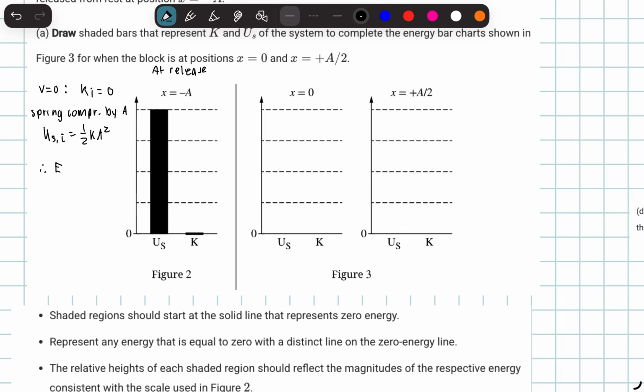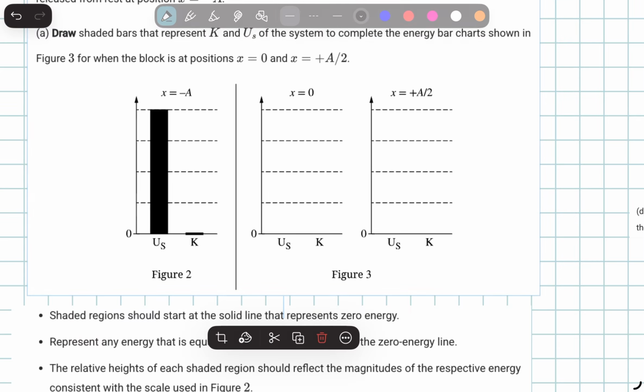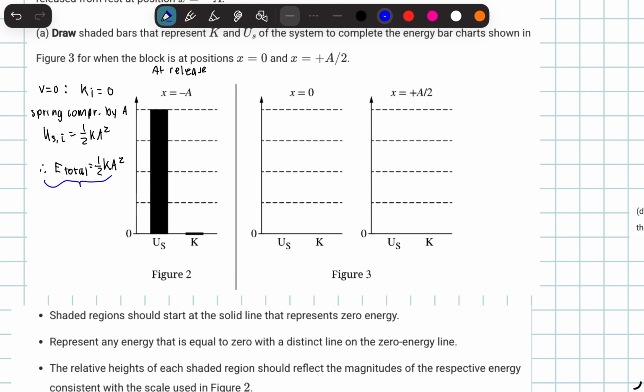Therefore, your total is going to be equal to 1/2 KA squared. Now this expression is going to be constant for all of our positions, each one of these graphs, each of these scenarios.